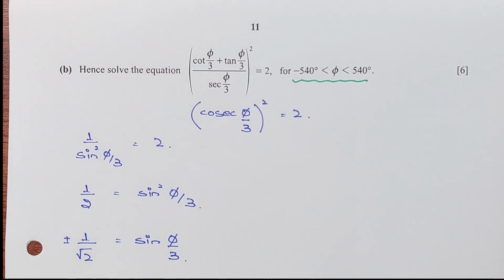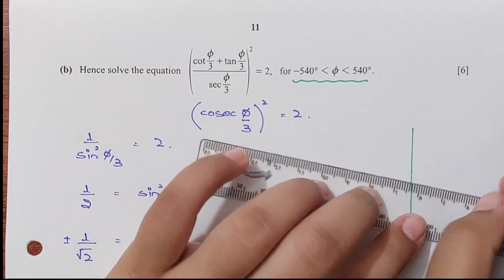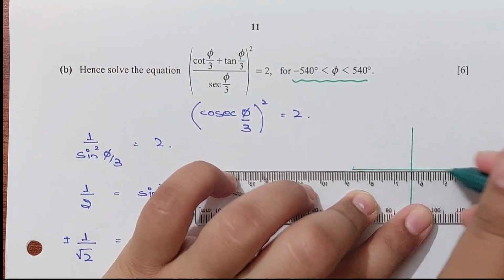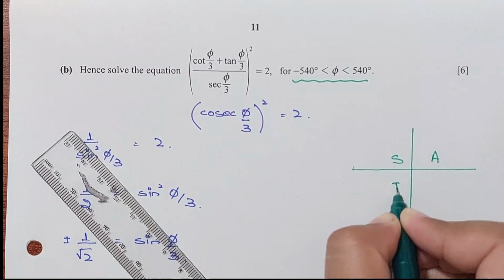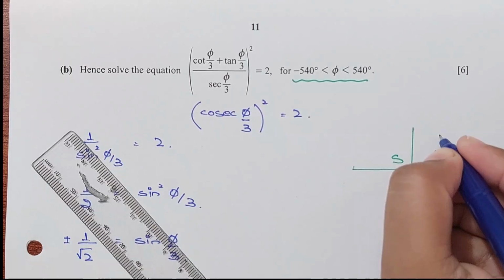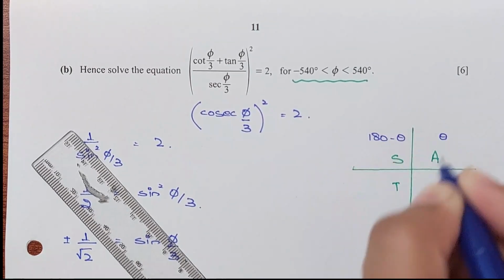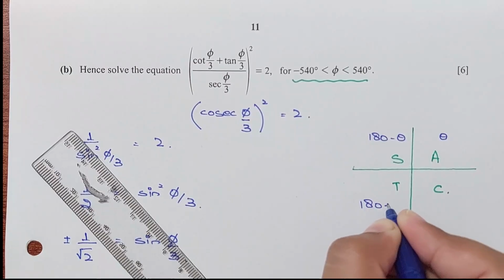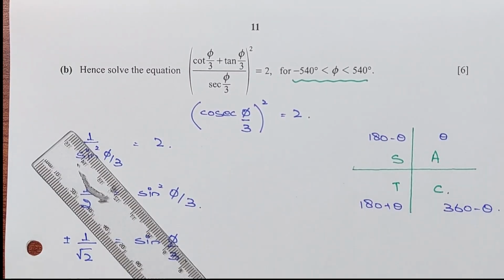It is in degrees, right? Now let me check where sine is negative and positive in which quadrant, using the CAST rule. In the first we have just theta, here we have 180 minus theta, here we have 180 plus theta, and here we have 360 minus theta, right?